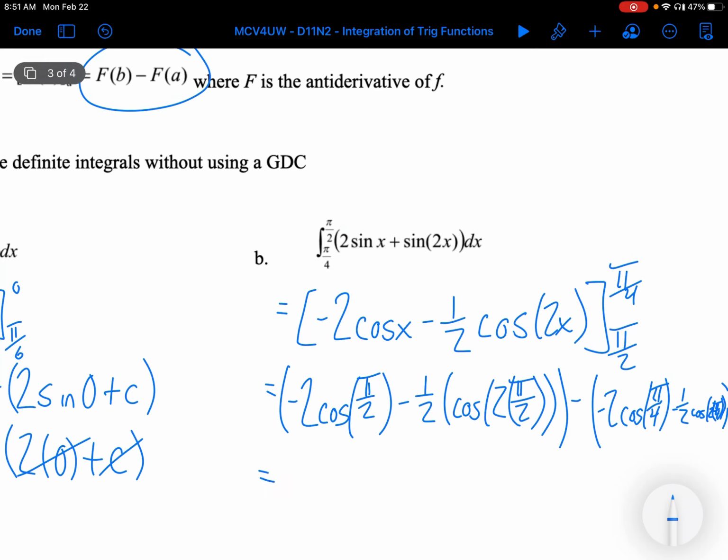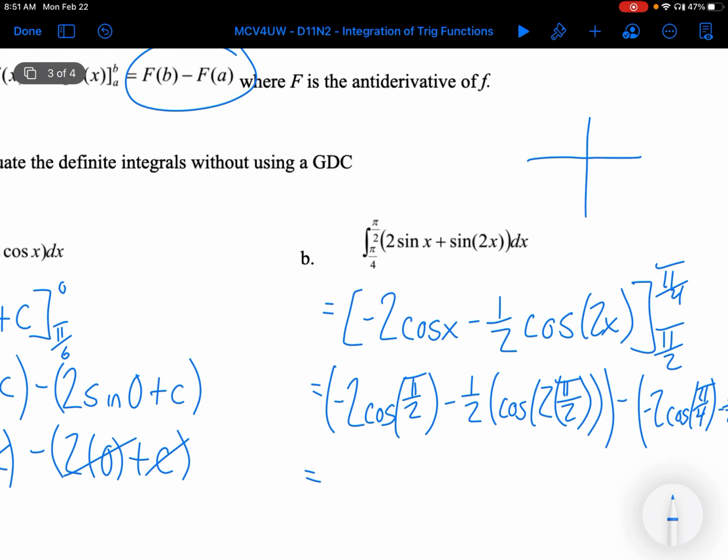Now when you simplify all that down, I'm going to actually let you guys go through that. This is good practice for pi by 2. Remember, I did this on the board before, but we've got 0, pi by 2, pi, 3 pi by 2, and 2 pi.